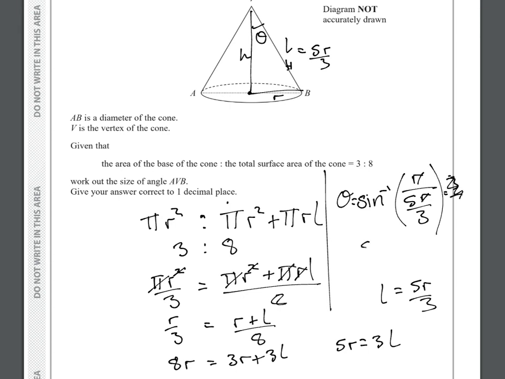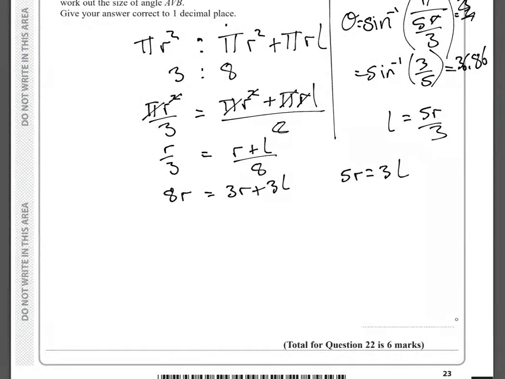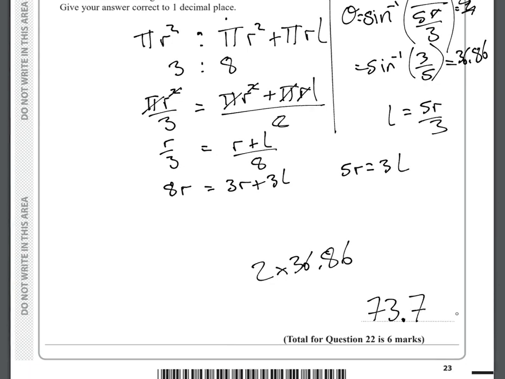So sine to the minus 1 of 3 over 5 equals 36.86. So the angle that we want is double that. 2 times 36.86 is 73.7 degrees to 1 decimal place. There we go.